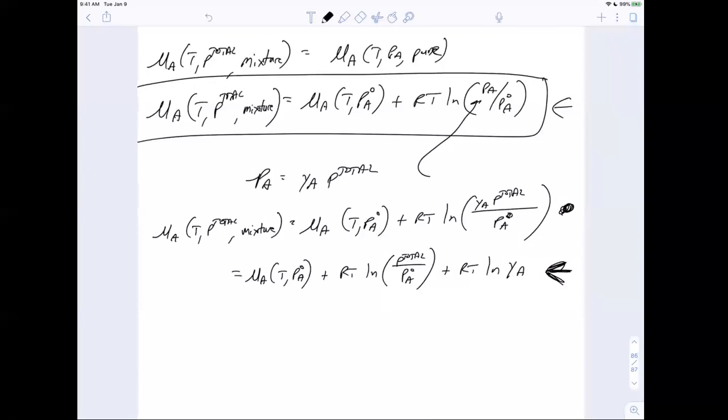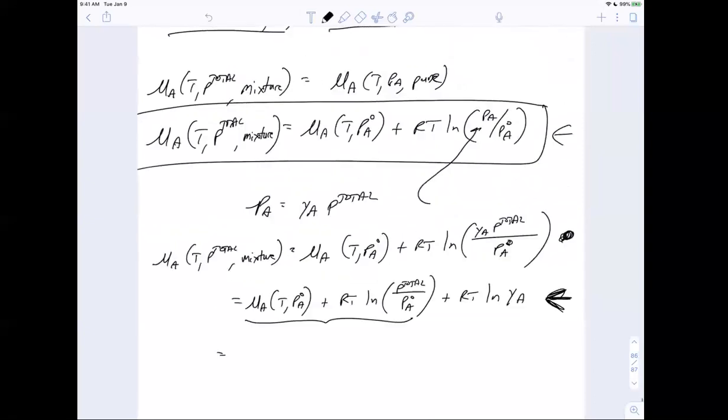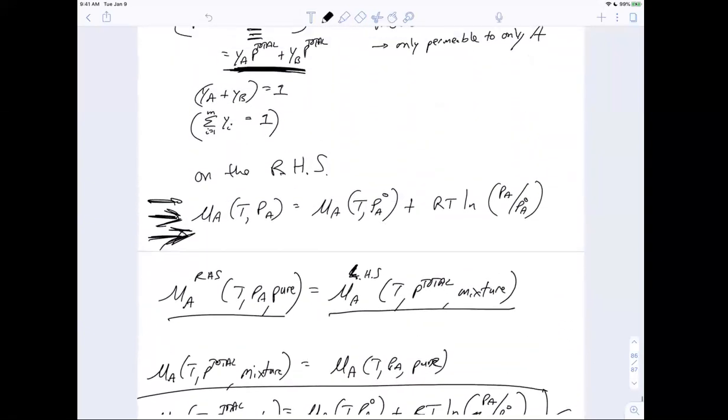Okay. So now what I can say, and it's very cool, is that this term is the same thing as taking A from pressure P_A superscript 0 to pressure P total. That's this equation right here.